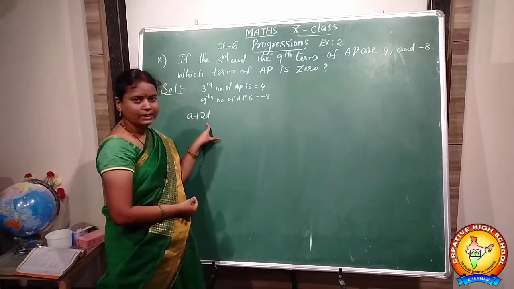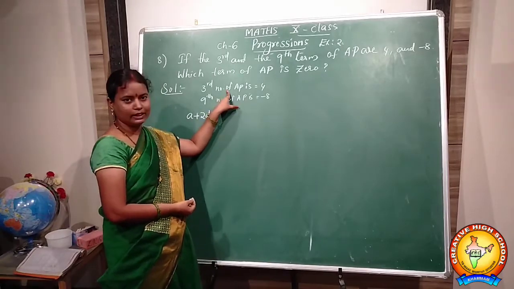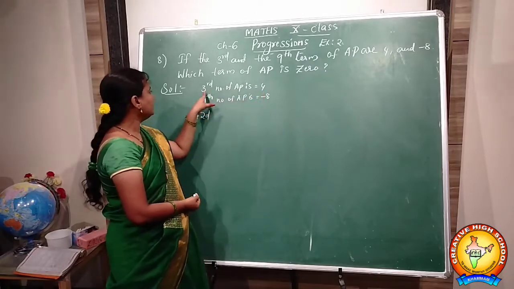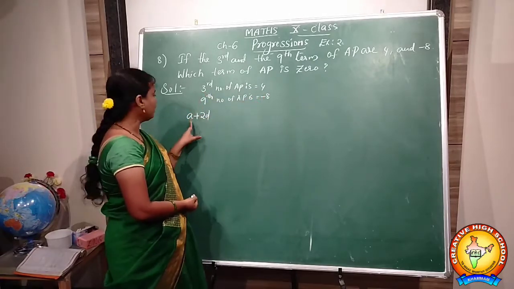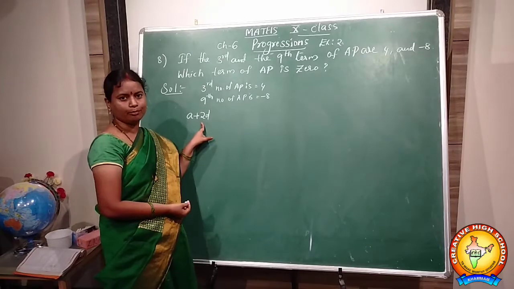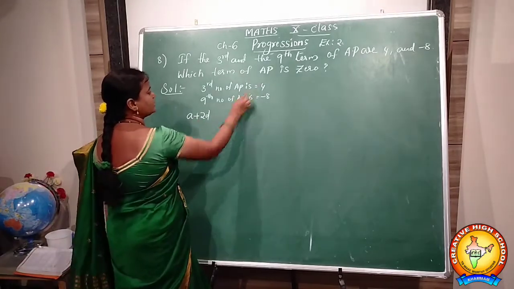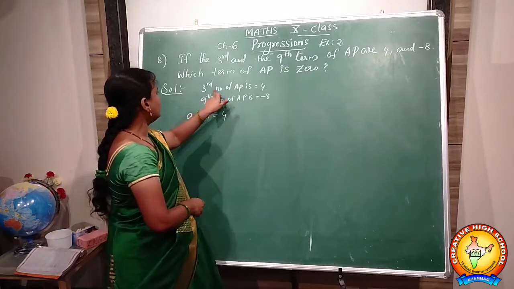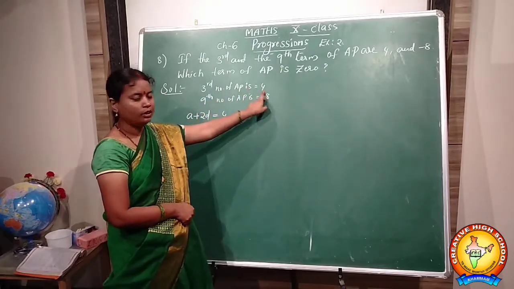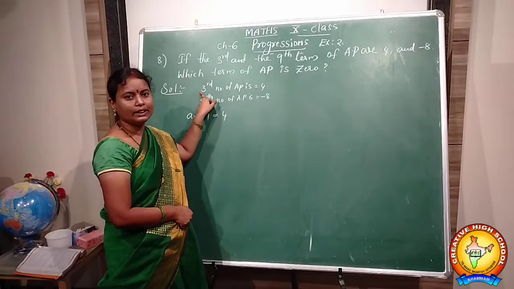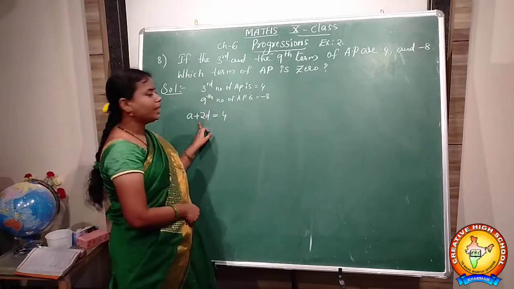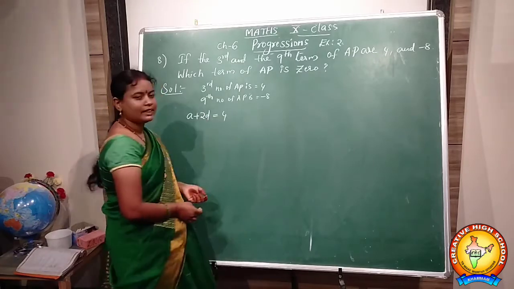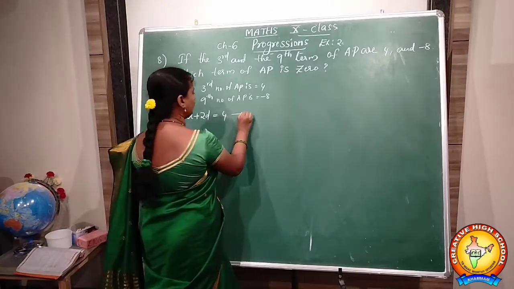So the third term of the AP is 4, and in the place of the third term, I am writing A plus 2D. A plus 2D is equal to 4. That is given in the question itself. Let us take this as equation number 1.